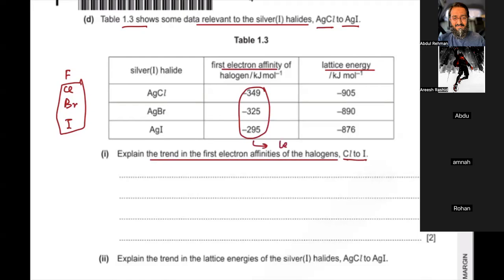The trend is they are getting less exothermic, right? Yes, the electron affinity values decrease. Very good, Shazil, very good, Faizan. Shahid, you are not going to use the term atomic radius because these are not atoms, these are the compound. So, yeah, ionic radius.